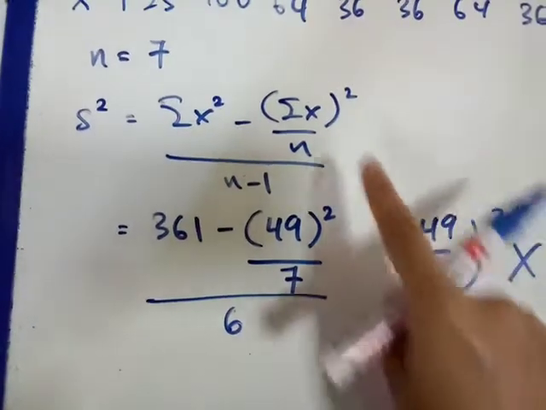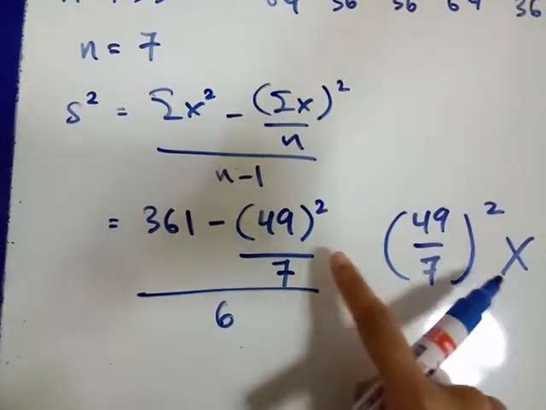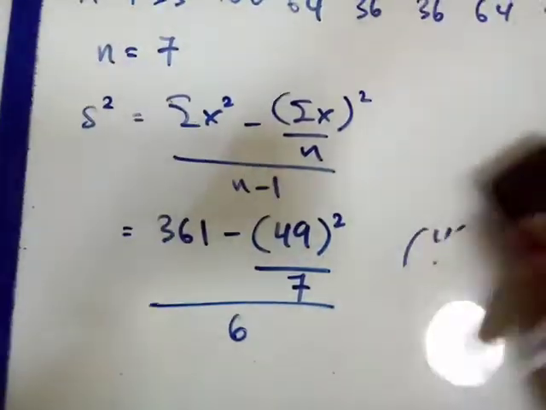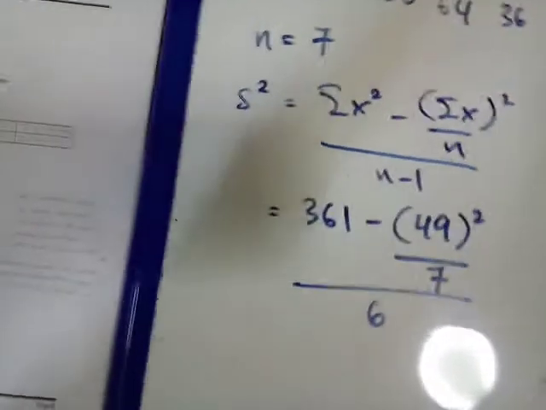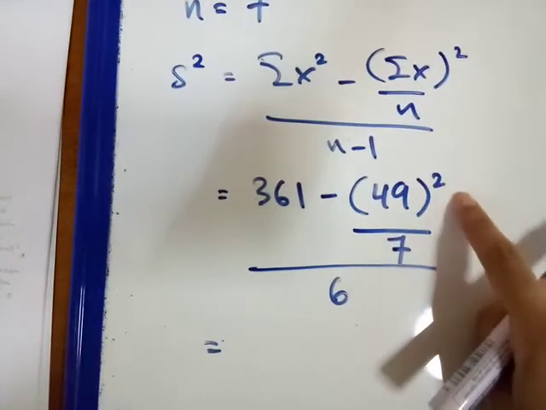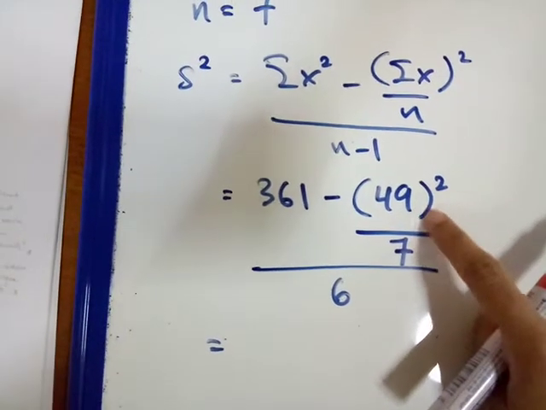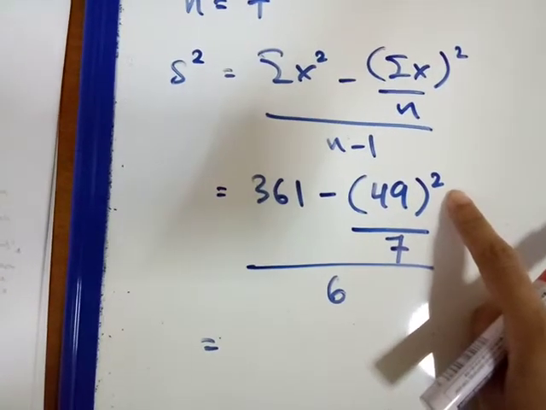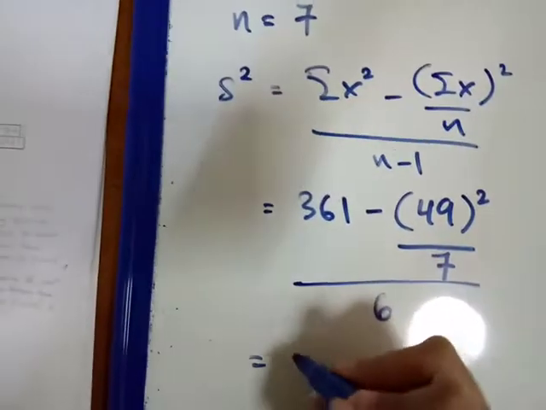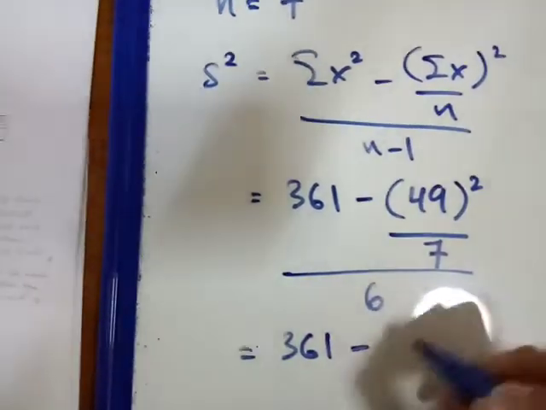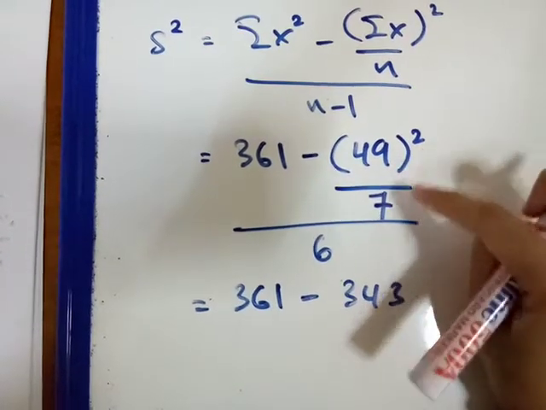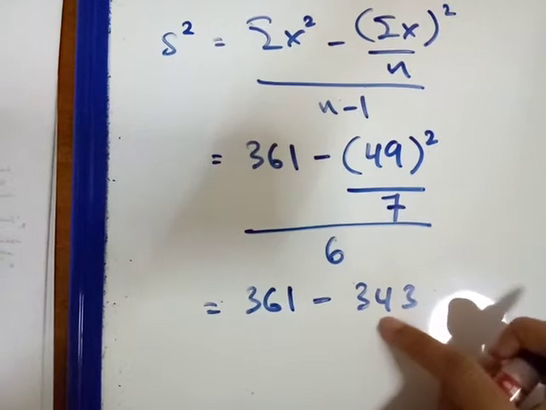Remember, total X and then square it, without N, without the number of observations. And then you calculate one by one. 49 square first. Then you divide by 7, and you will get 343. First calculate 49 square and then divide by 7, you get 343.